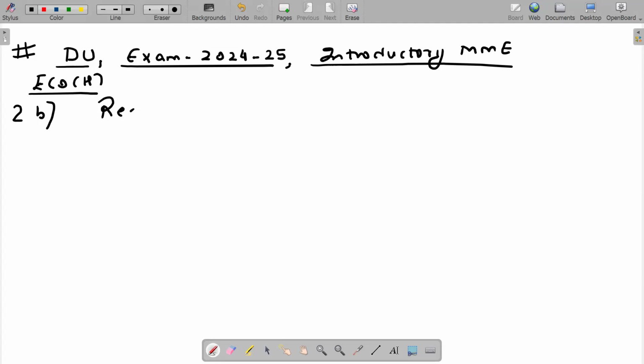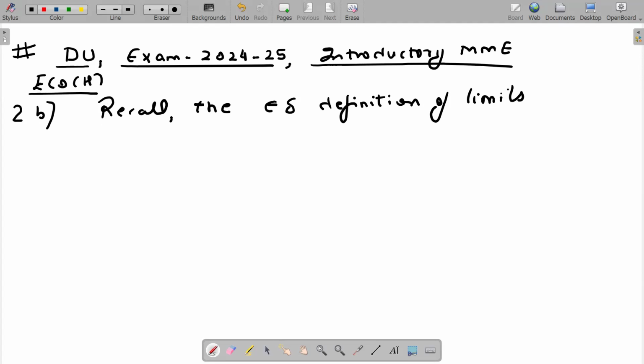Recall the epsilon delta definition of limits, which is as follows.